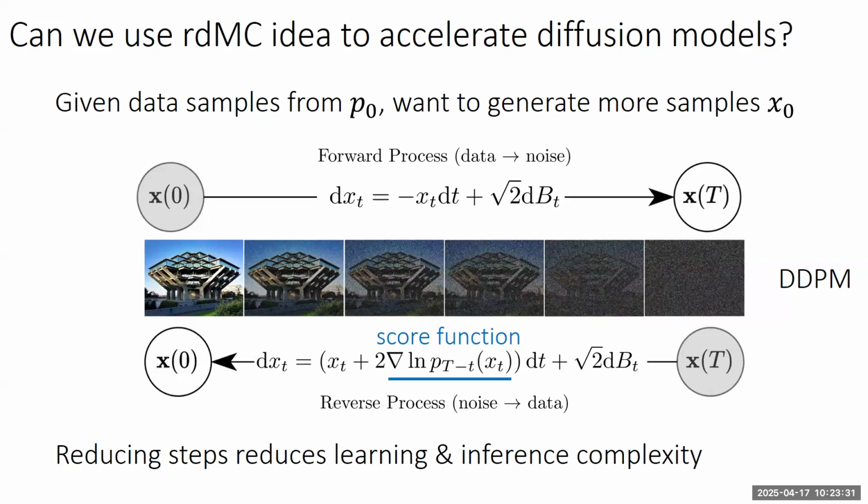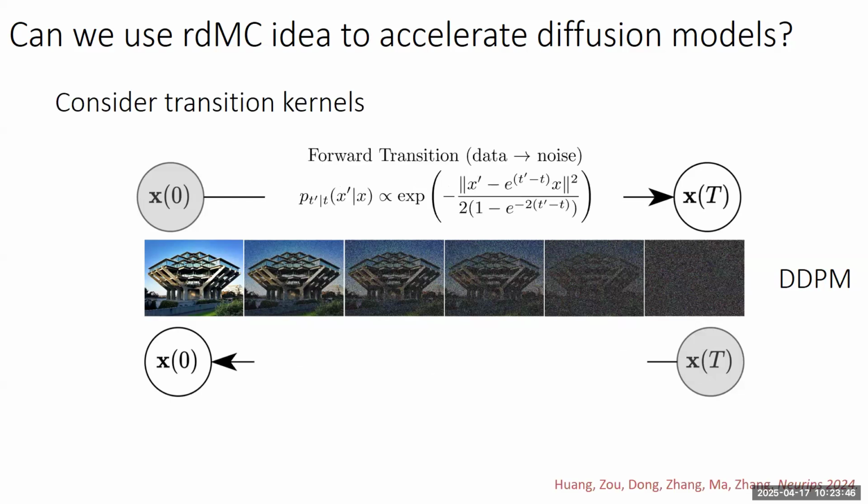To be able to accelerate inference for diffusion models making use of Monte Carlo methods, one idea is the following. Instead of looking at the discretization of a continuous process, which the diffusion model does, we just look at those diffusion models as discrete in time transitions, right? Where you use Gaussian kernels in classical diffusion models.